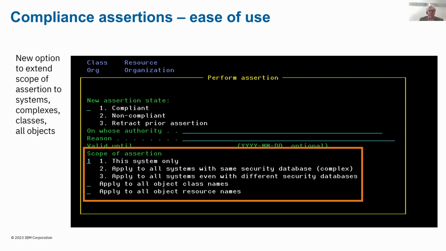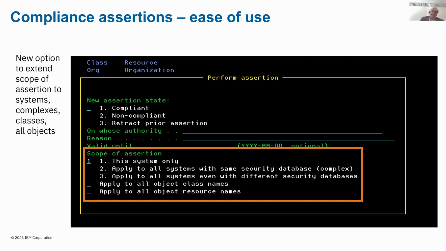You can also extend the scope in a different way. You say, well, I don't want to do it just for this object class, but actually for all object classes used by this standard. So you could have standards, for instance, for CICS resources, where every CICS region has a different class.